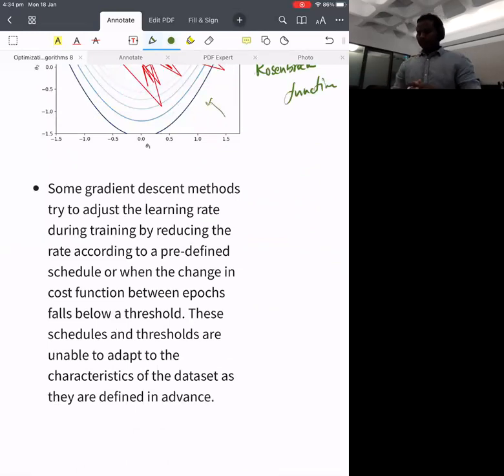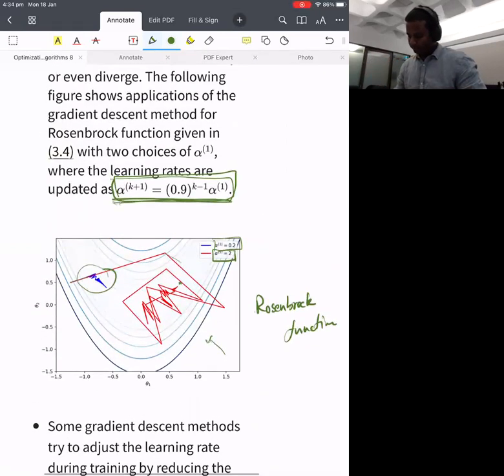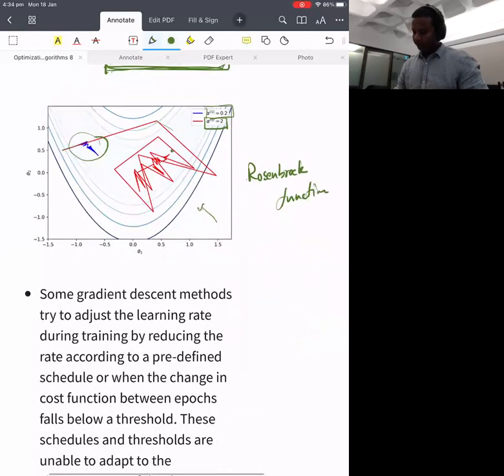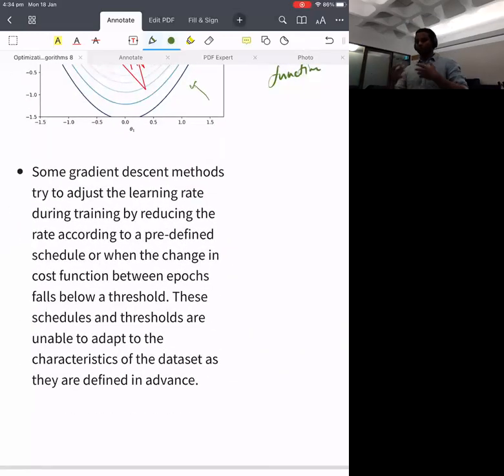One option could be that you specify in advance how to change the learning rate. Here what we did, we blindly decreased it as follows, but you can make some more assumptions, like I will reduce the learning rate only when the length of the gradient is smaller than a certain value, or the function value is below a certain value.